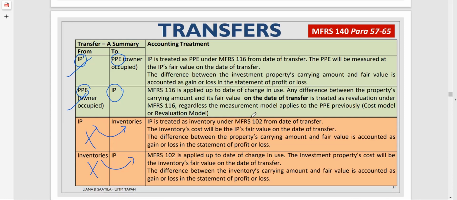The date of transfer is very important to decide the change of use, and also when the MFRS will no longer be used. Let's say MFRS 140 will cease to be used and will be replaced with MFRS 116 PPE.